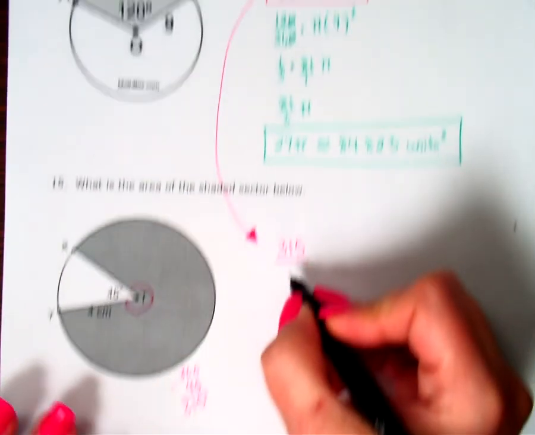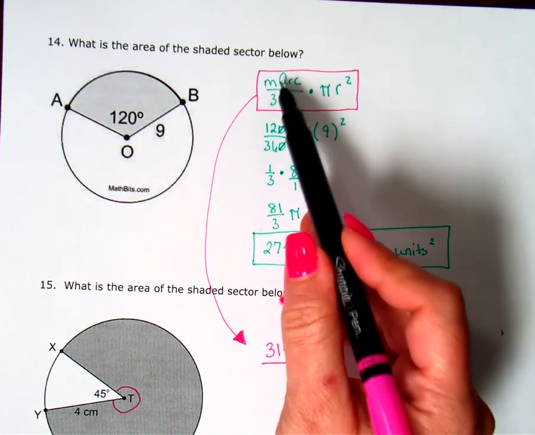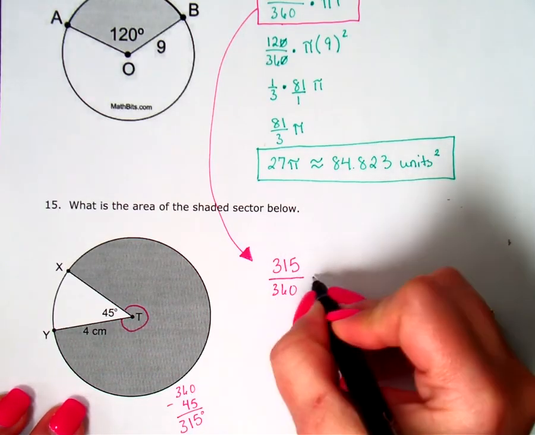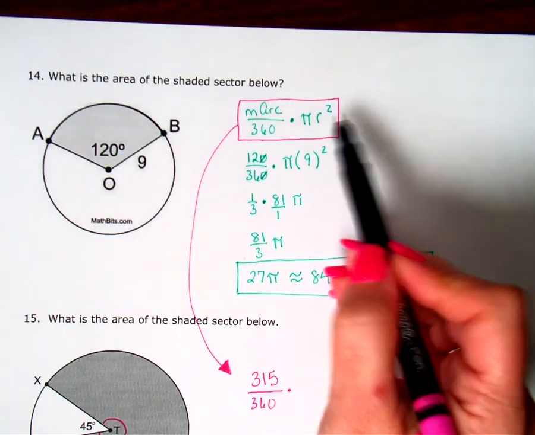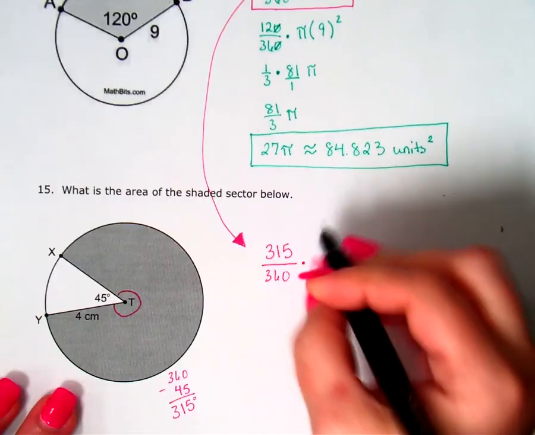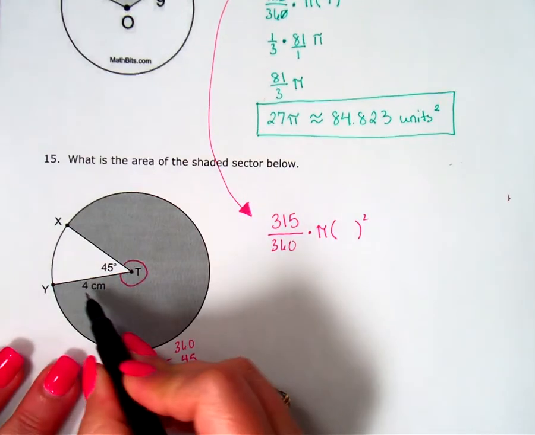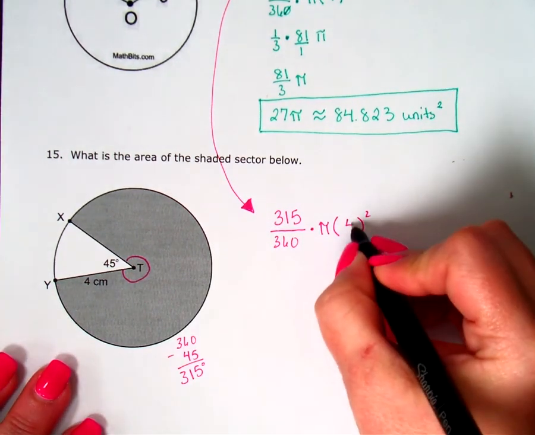Over 360, using my formula up here, the measure of the arc over 360 times pi r squared, and my radius is 4.